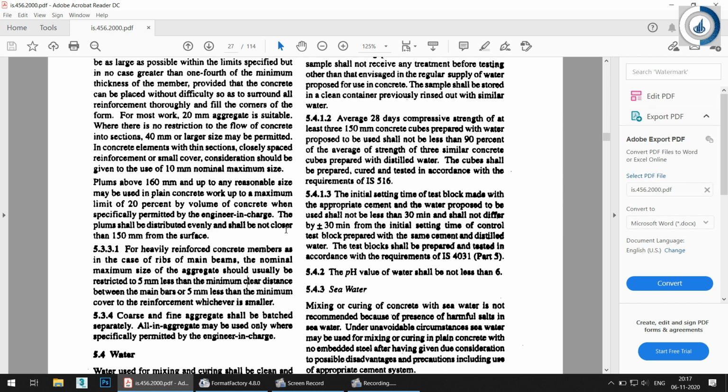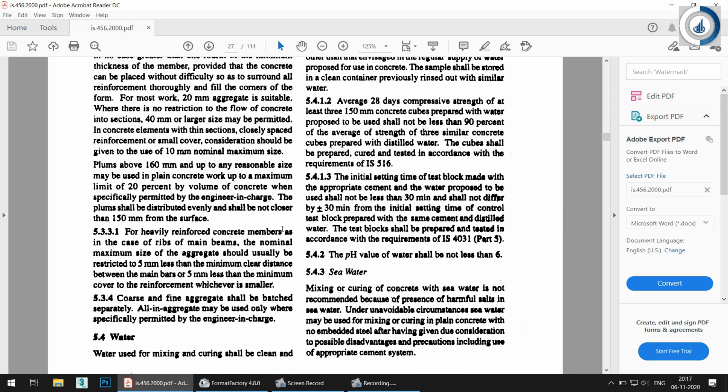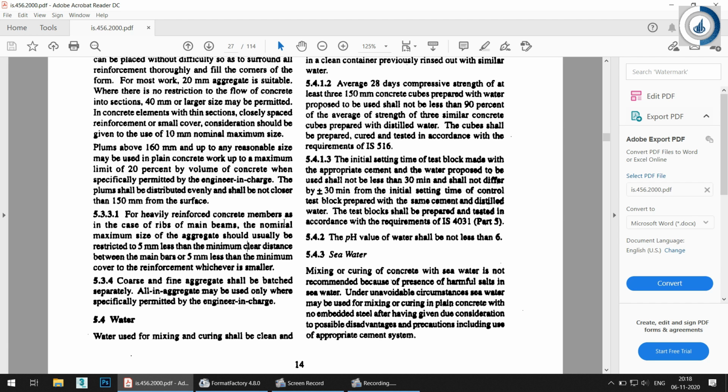And one more point they have given is the seawater. As you know, seawater has a lot of salts, so it is usually avoided for RCC structures. The mixing or curing of concrete with seawater is not recommended because of the presence of harmful salts.